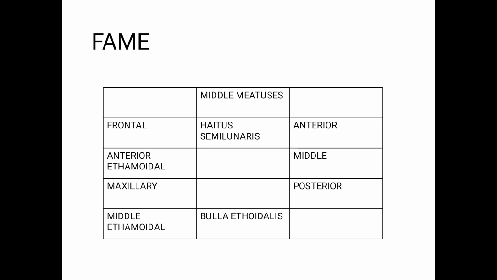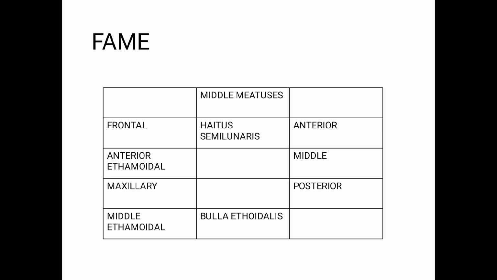Now the hiatus semilunaris has three parts: the anterior part, the middle part, and the posterior part. You can represent the anterior, middle, posterior, and bulla ethmoidalis as FAME. The F represents the anterior hiatus semilunaris of the middle meatus. The A represents the middle hiatus semilunaris.